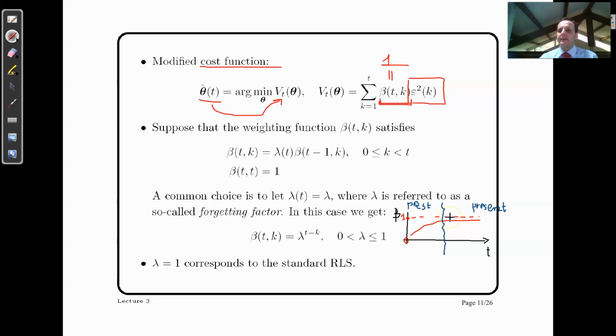So as time increases into the past, your function beta goes to 0.